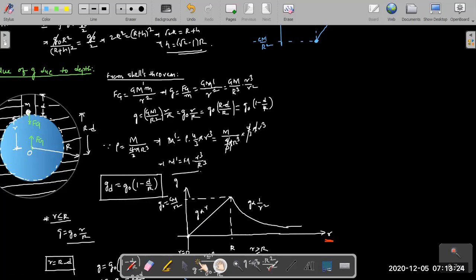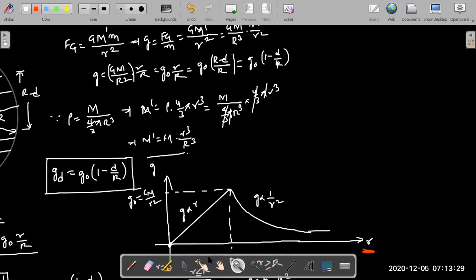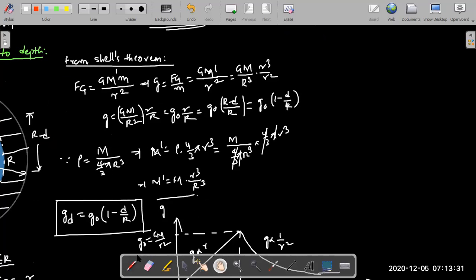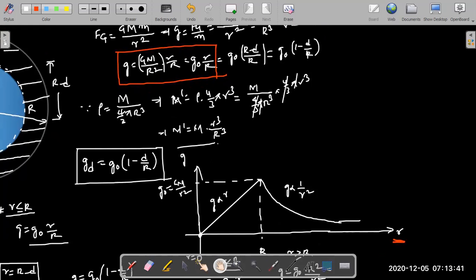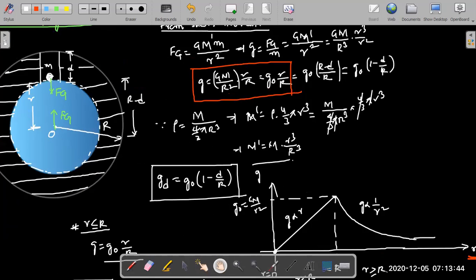So this turned out to be g is equal to g naught small r by capital R. Clear? Now it's the same thing. What's the value of small r? Small r is capital R minus d. The same thing you have written here, you got it as 1 minus d by R.